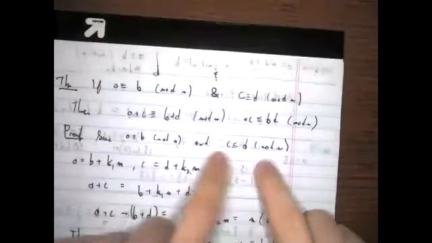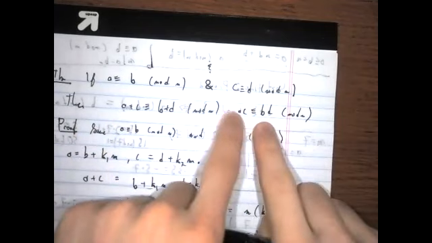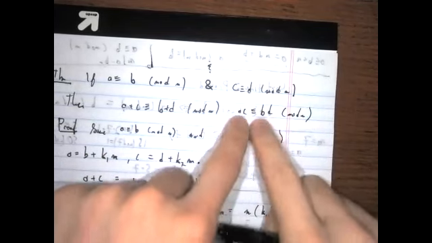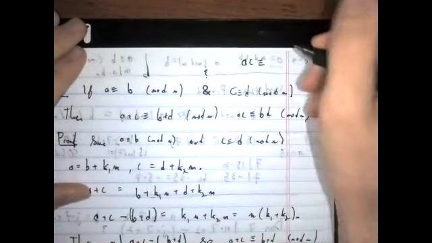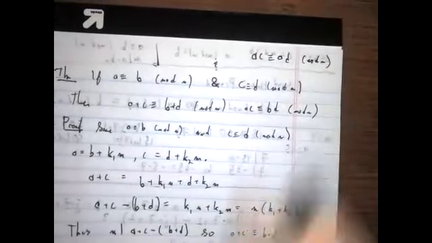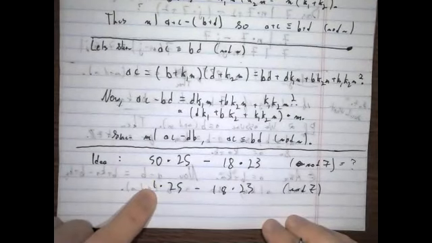This rule tells me I can replace a with b, and I can keep c the same. This one replaces both, but you can replace them one at a time. So I probably also should have shown that ac is congruent to ad mod m, but that's just as easy. Yeah, so I can replace this with its remainder.